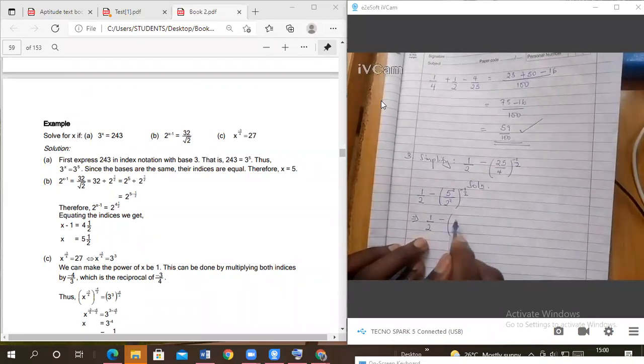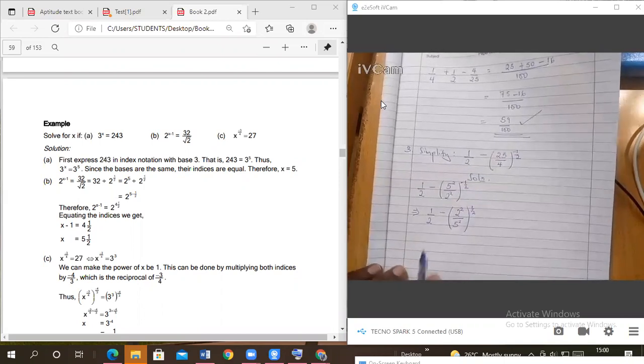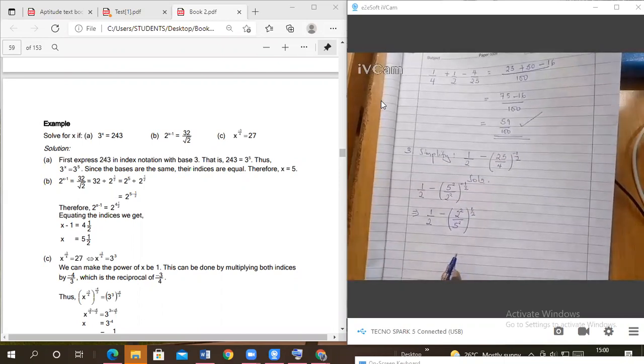A half squared minus 2 squared, out of 2 to the power 5. Now this time the 5 power out of 2. Good. Next. What's the next step?